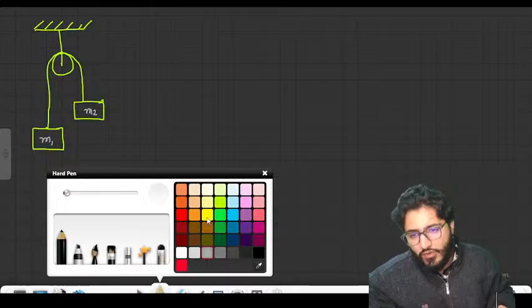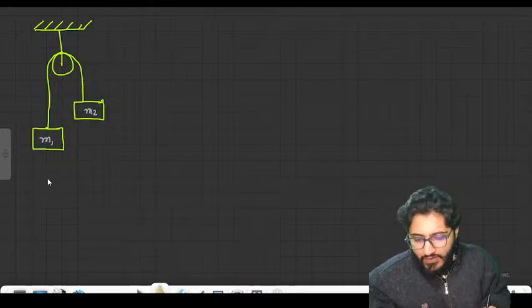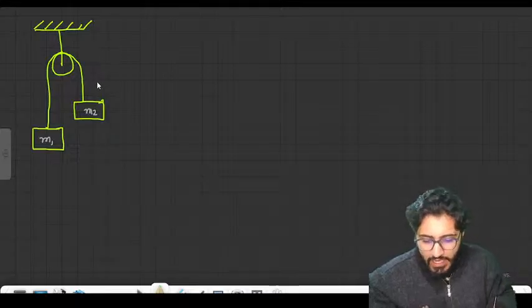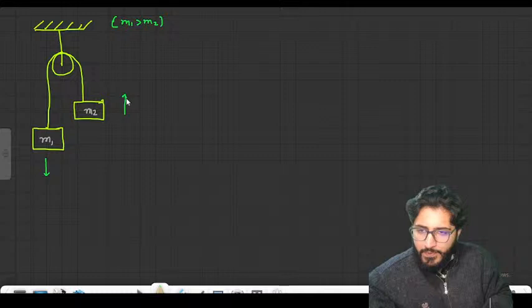Now from this figure, let us suppose mass m1 is more than m2. So what will happen? This block will go down, this block will go up.